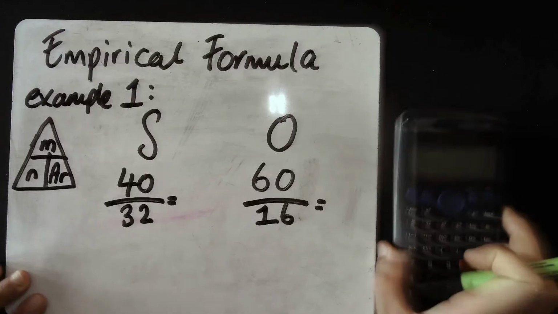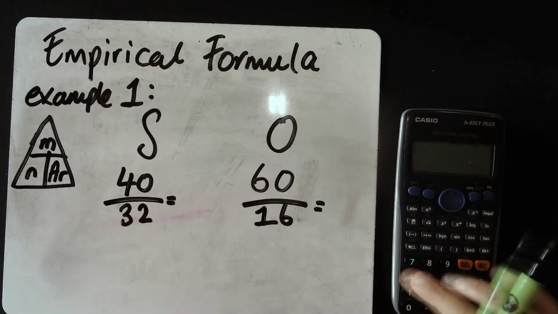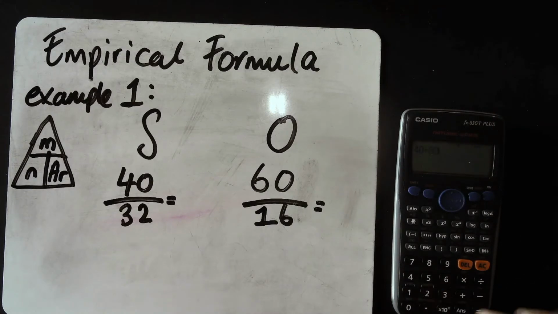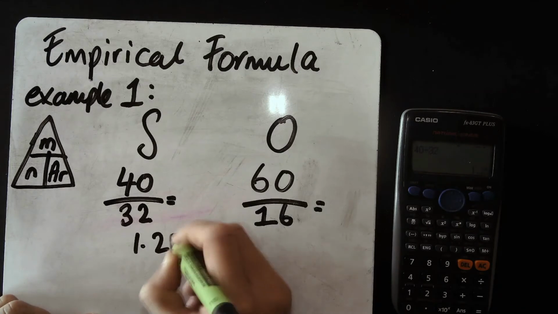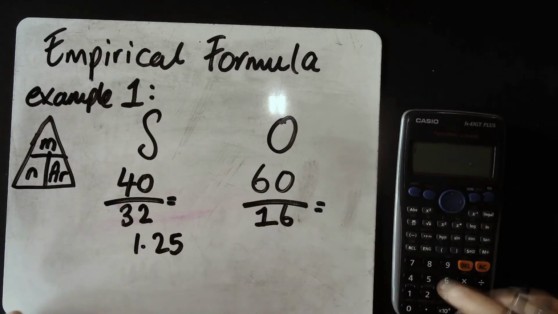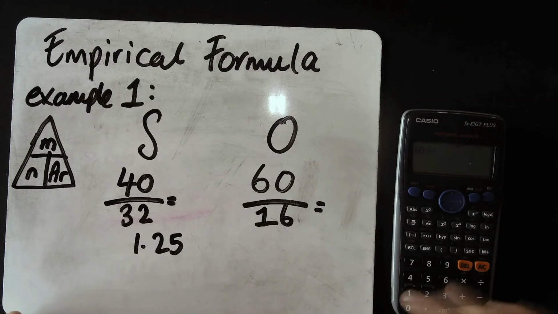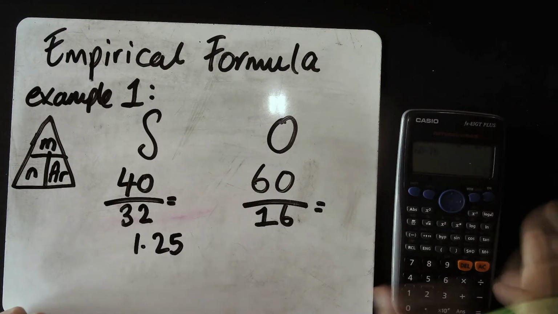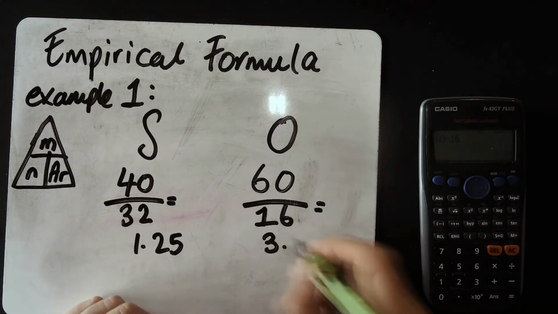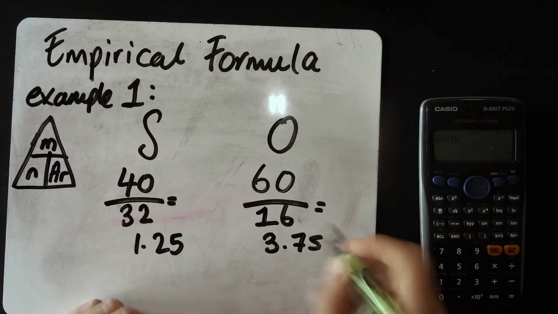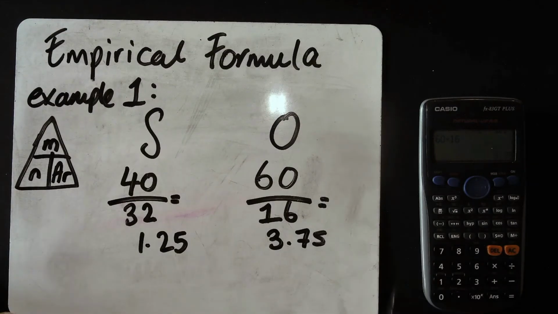So using my calculator, 40 divided by 32 is 1.25. 60 divided by 16 is 3.75. Now what you have to do is divide these two numbers by the smallest number.